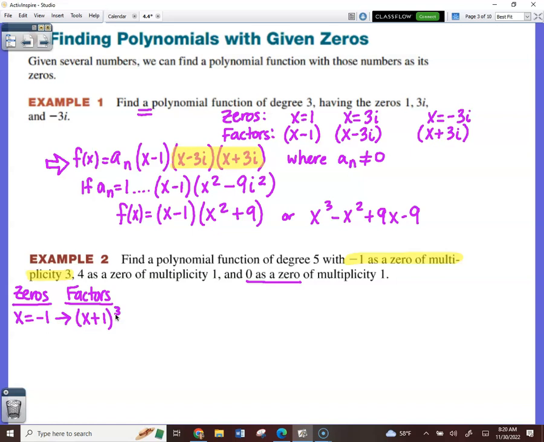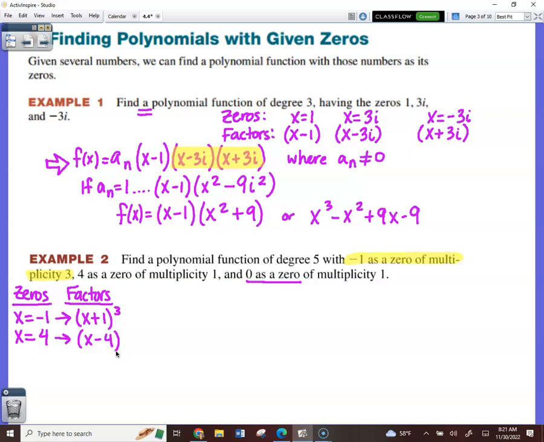Right there is where you're going to put the multiplicity, if it's a number other than 1. All right, the other 0 was 4, so that factor would be x minus 4. Multiplicity is 1, which means nothing to tweak.